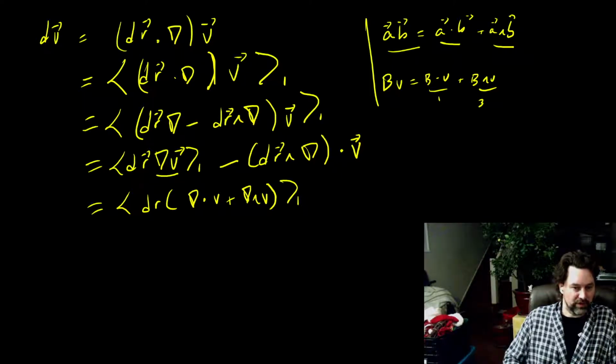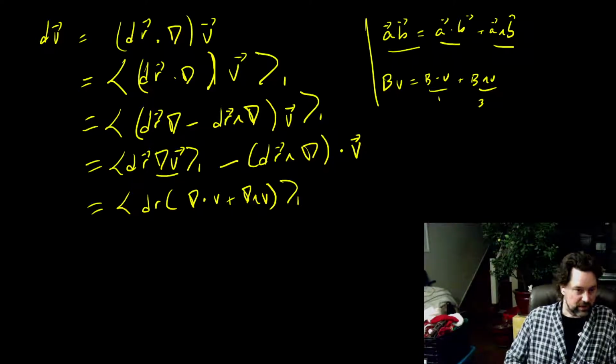Select the vector component. Grad dot v is a scalar, so we have a scalar times a vector, which is a vector. Good, so that just comes out of the vector selection. Now we have a vector times a bivector, and the vector part of that is just the dot product of dr with grad wedge v.